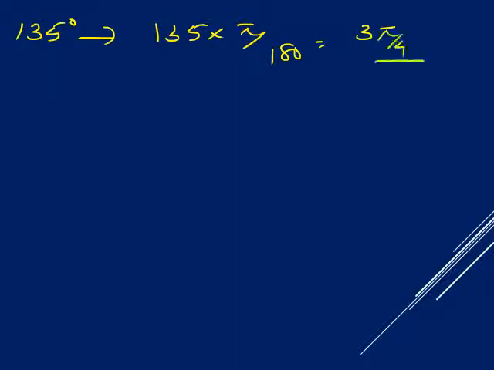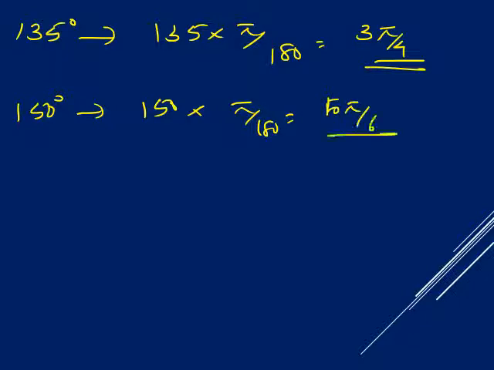Now 135 degree: 135 into pi by 180. The answer is 3 pi by 4. Now 150 degree: 150 into pi by 180 means 5 pi by 6.